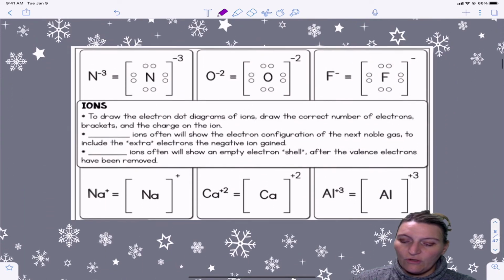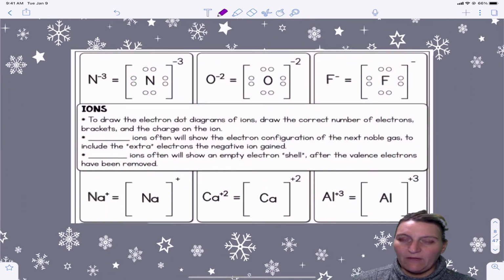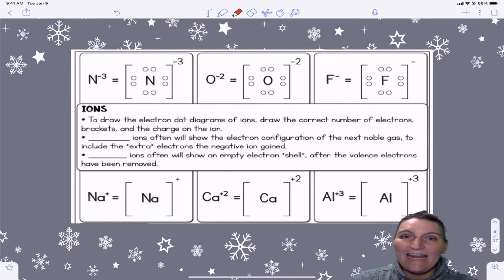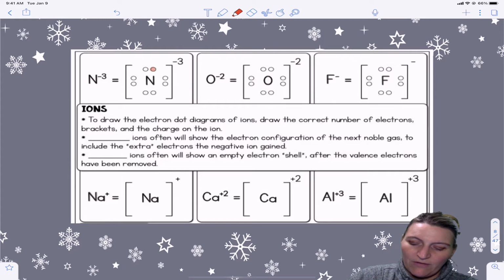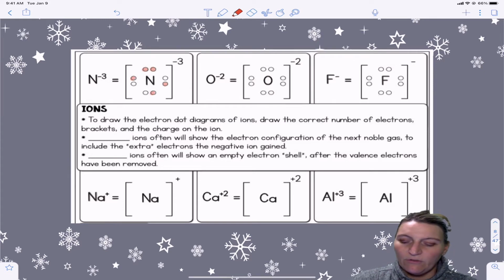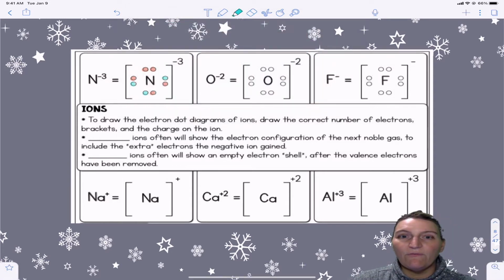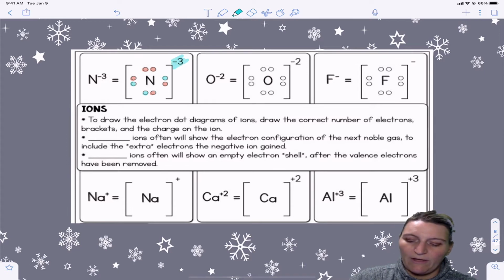This just shows us in a little bit more graphic form what's going on. So the anions, negative ions, they tend to gain electrons, or they have gained electrons. So remember, nitrogen has 1, 2, 3, 4, 5. Those are nitrogen's original electrons, and it has gained 3 in order to have a full outermost energy level, which is why it's 3 minus.